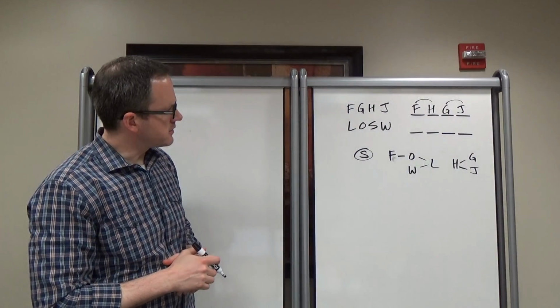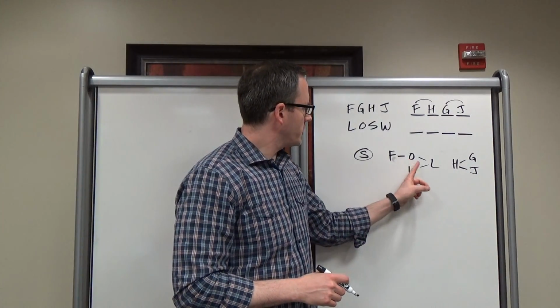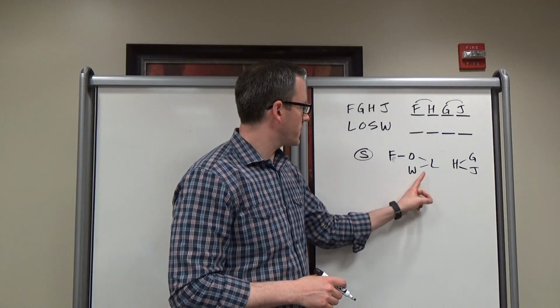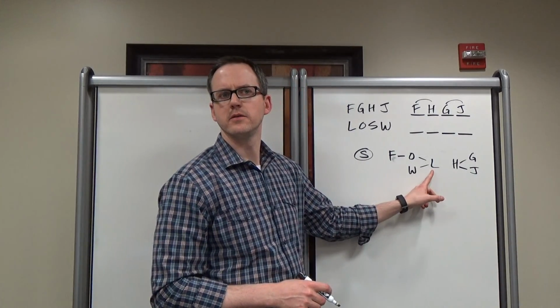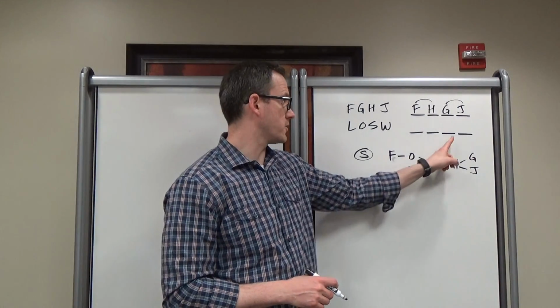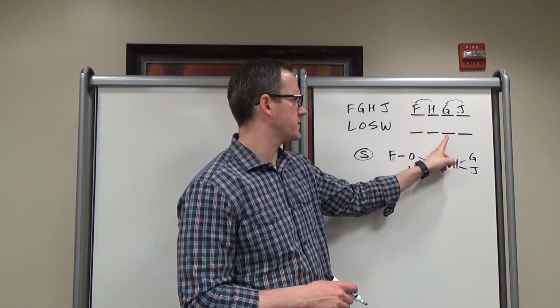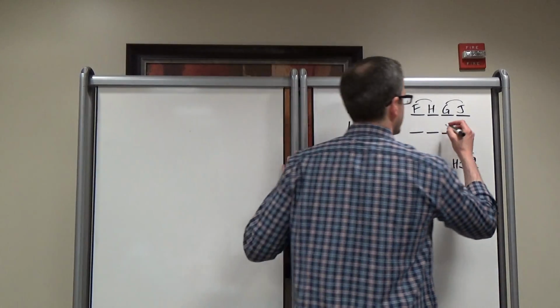Now, on the bottom, we have O and L, and W has to come before L. So what does that mean about L? Earliest it could go is third. Yeah, the earliest it could go is third, so either L is here or here. Okay, so L is going back and forth here.